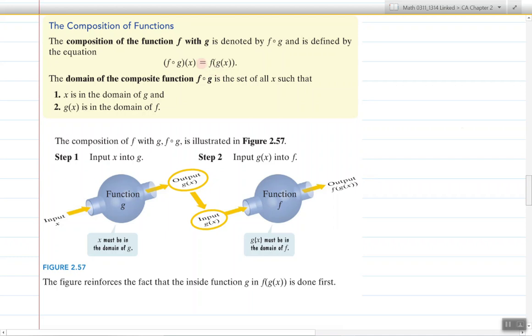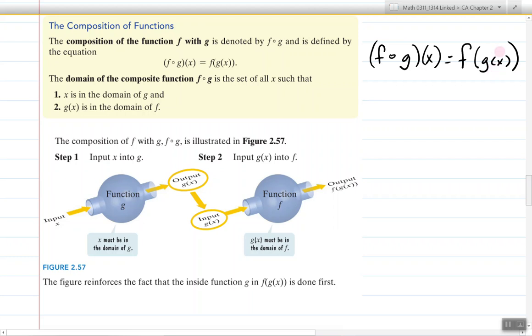f composed with g. The symbolism is f little circle g of x. That means it's f, you always start with the first one, of g of x. So g of x is going to be put in the place of x in the f function.